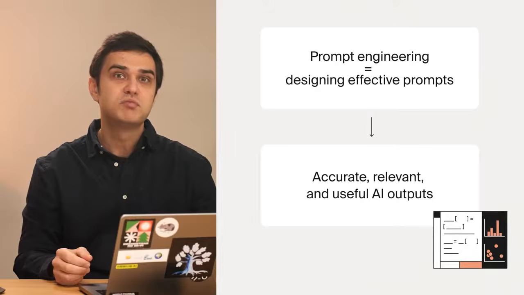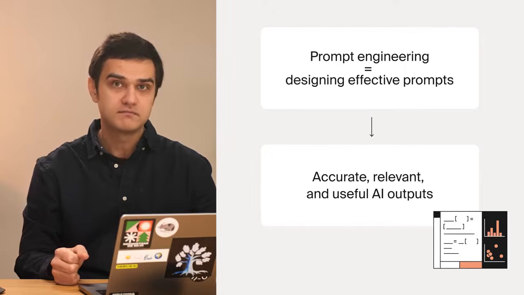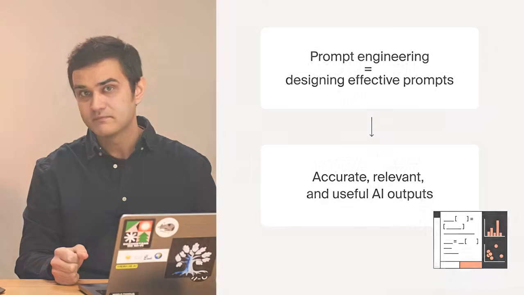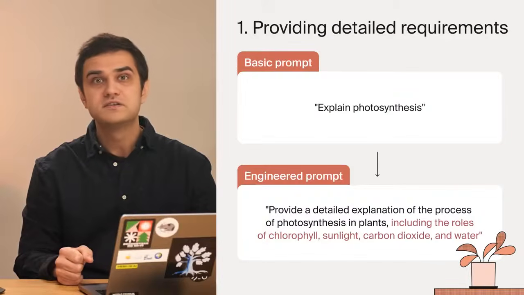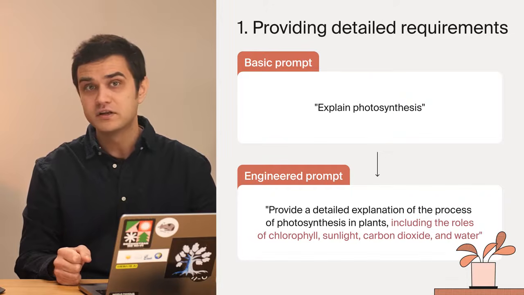This leads us to prompt engineering, the practice of designing effective prompts to obtain accurate, relevant, and useful AI outputs. Prompt engineering helps you influence the output's quality, style, and content to suit your needs. Let's look at some examples to see how you can influence output quality with prompt engineering.